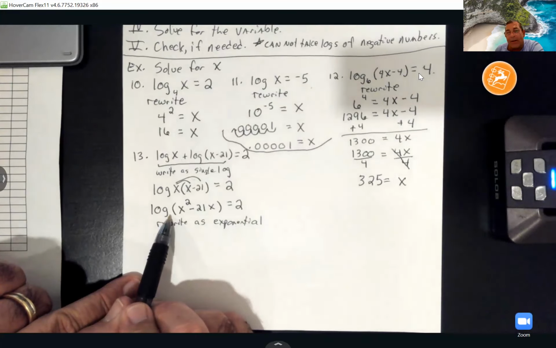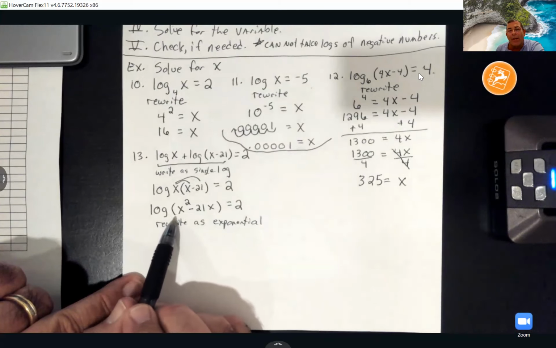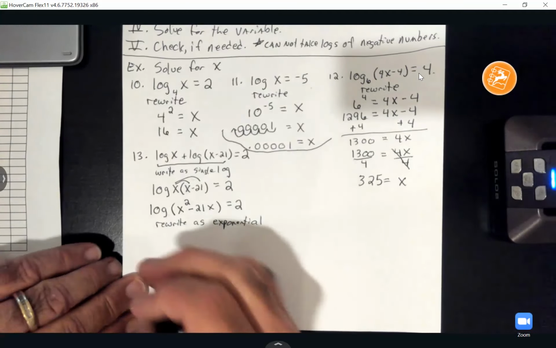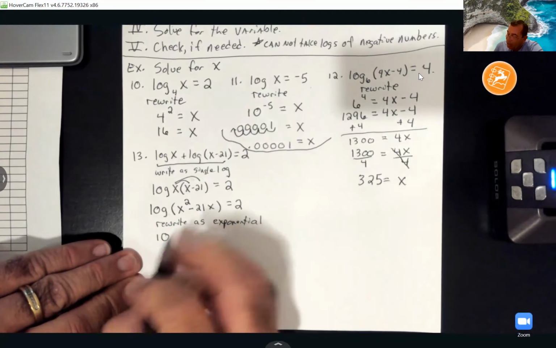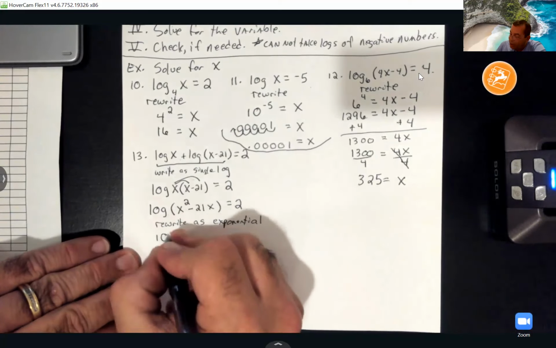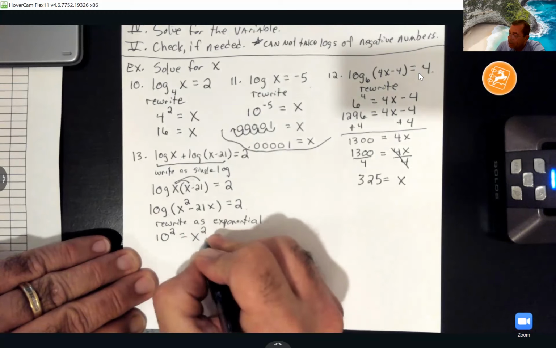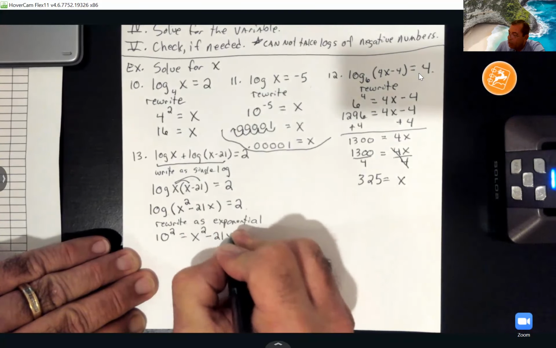There's not a base here. So what y'all tell me that number was when there's not a base by that log? Is it 10 again? It's going to be 10 again. So 10 exponent of 2. So 10 squared is going to equal that x squared minus 21x.